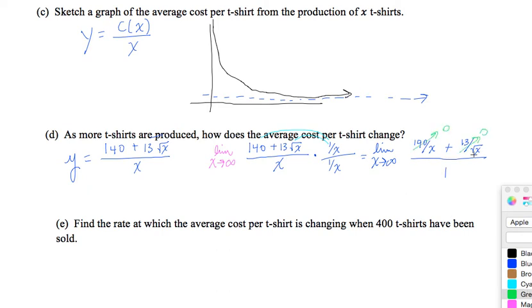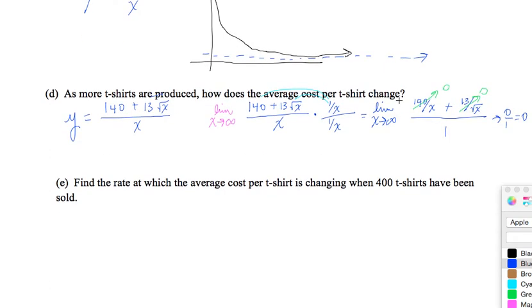This one approaches 0 really slowly as x goes to infinity, but they do approach 0. So the whole thing approaches 0. It makes sense that the average cost per shirt eventually approaches 0, although because we have a square root in the denominator, it's going to take a long time for the average cost per shirt to get incredibly close to 0. You'd have to make a lot of shirts.